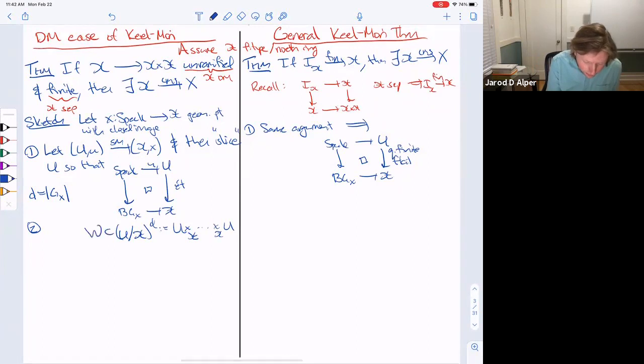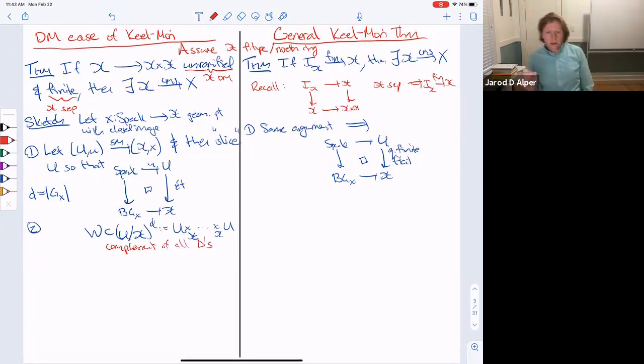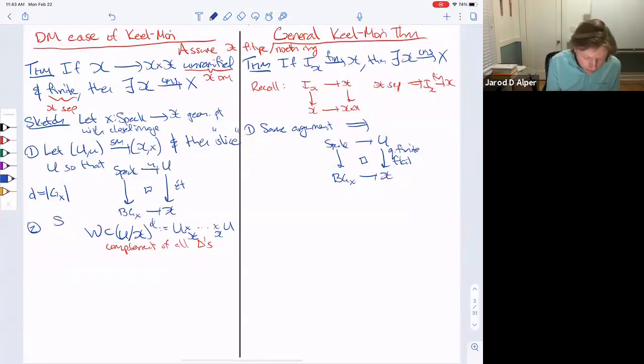So we defined W this way. This is just the complement of all diagonals. And so this is a quasi-affine scheme, and it has an action by the symmetric group S_d by permuting the factors.